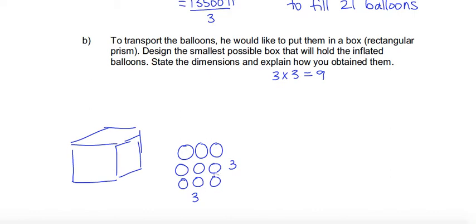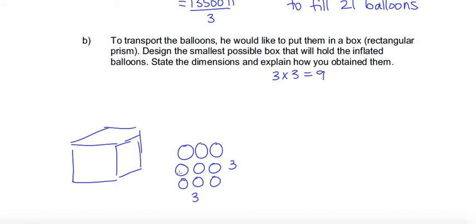Now I want 21 balloons. So what could I multiply 9 by? Well, if I multiply it by 2, that only gives me 18, so that's not high enough. So I would have to multiply it by 3 because that would give me enough balloons, enough height. So I might do this 3 balloons by 3 balloons by 3 balloons high. All right, so it's more of a cube shape then.